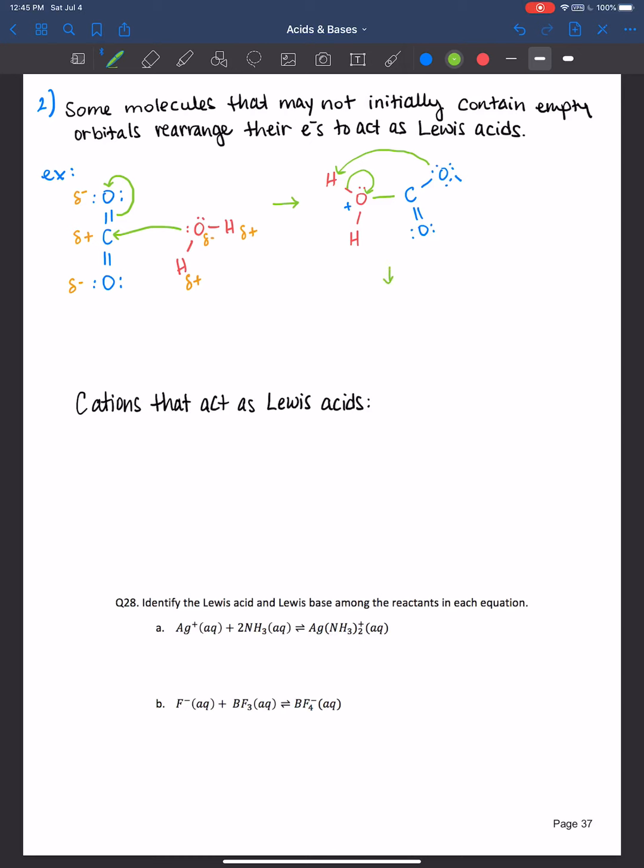And you end up with this oxygen having 2 lone pairs now. This carbon still has that carbonyl, but now this oxygen has 2 lone pairs and a hydrogen on that side. And this is actually the structure for carbonic acid.